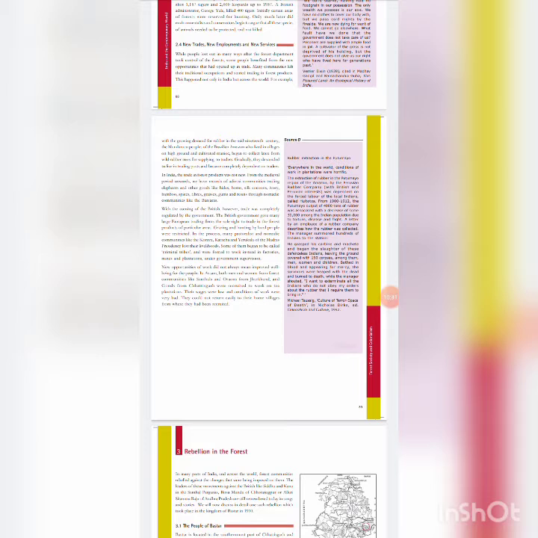Forest trade was not new. It existed from the medieval period, where Adivasi communities used to trade elephants and other goods like hides, horns, silk cocoons, ivory, bamboo, spices, fiber, grasses, gums, and resins through nomadic communities like the Banjaras.